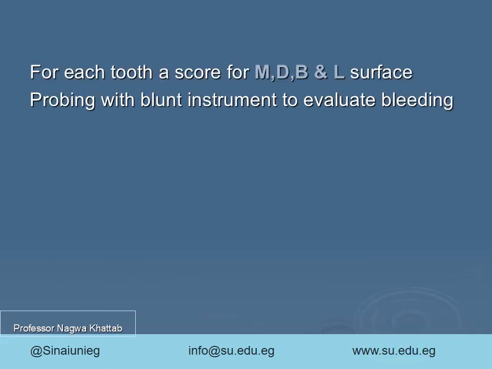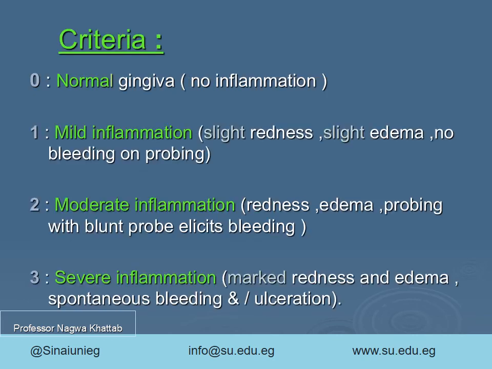6 teeth. Each tooth will be examined from all surfaces: mesial, distal, buccal, lingual. What are the criteria? I ask for gingivitis. The inflammation mainly includes redness, edema, and bleeding. Therefore, we search for these criteria.